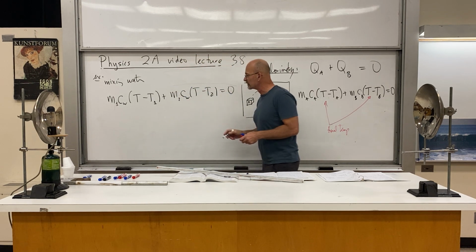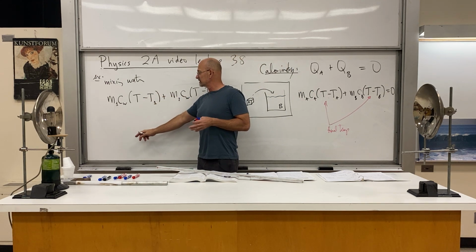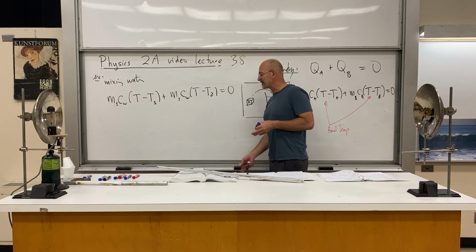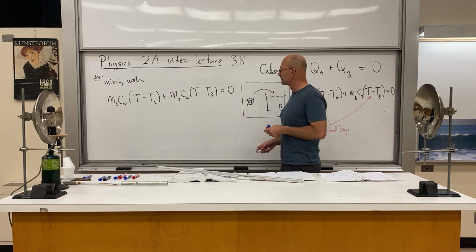So you can set that up. You know, I could say I have a kilogram of water at 50 degrees, and I want to mix it with a half a kilogram of water at 30 degrees. What happens? That's the kind of problem.